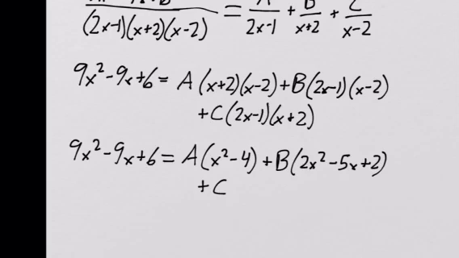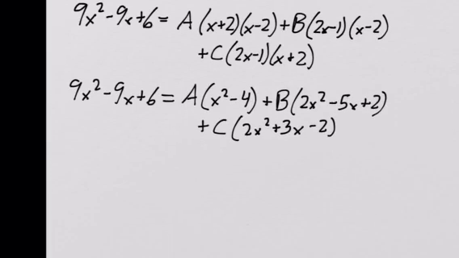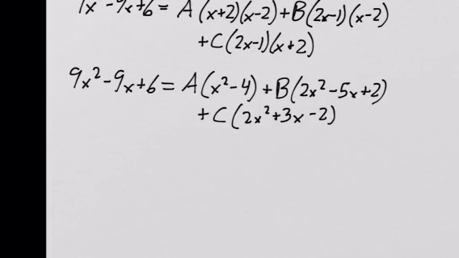Then plus C multiplied by 2x squared plus 3x minus 2. I can now go ahead and distribute the A, B, and C. I still need the full thing on the right-hand side.